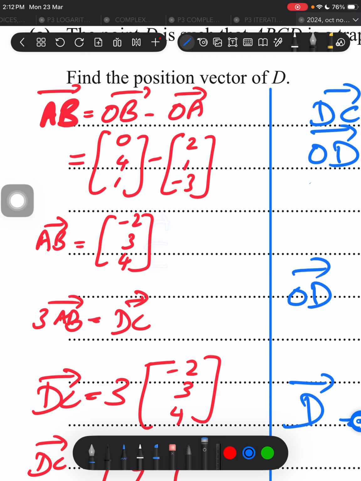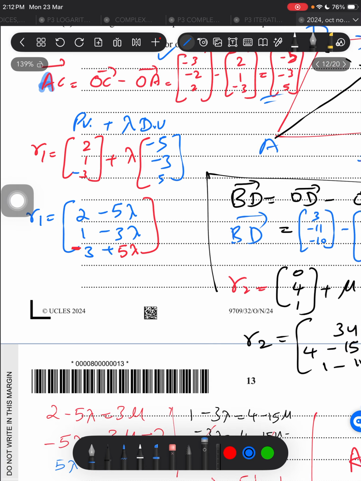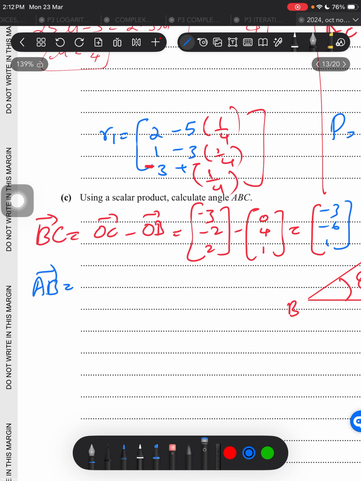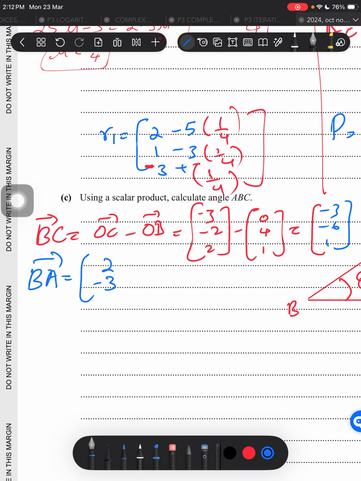So we already have AB. If AB is known, we can just reverse it. Reverse the signs for BA. BA would be, or we can just find it, but there's no need. We already have found it, so we'll just reverse the signs.